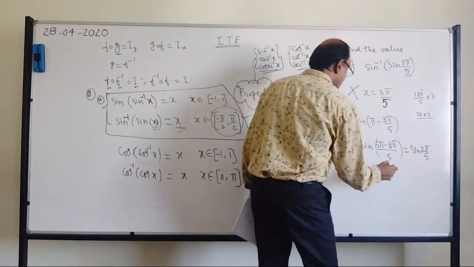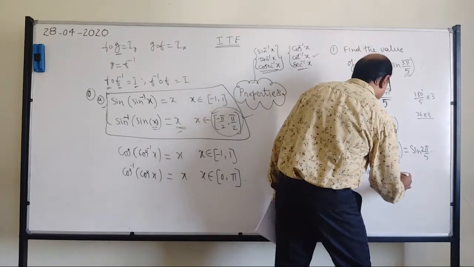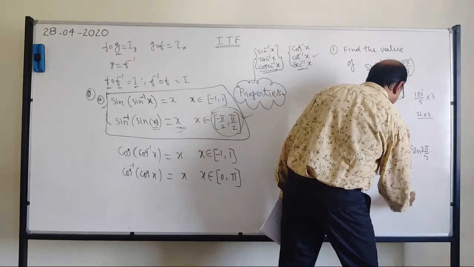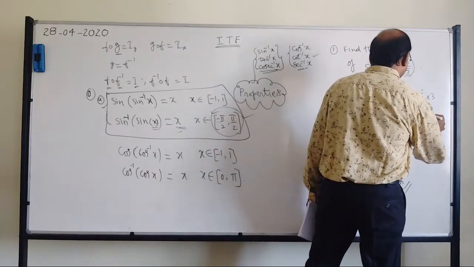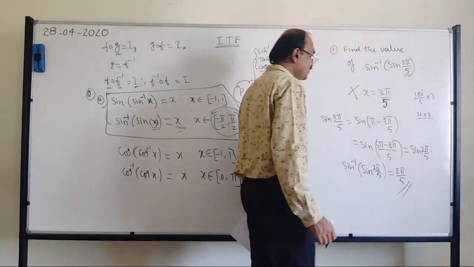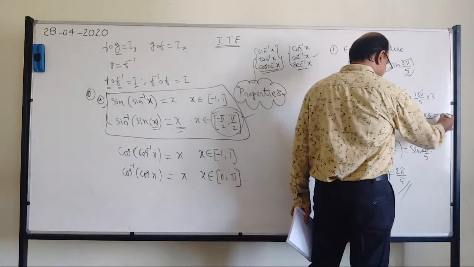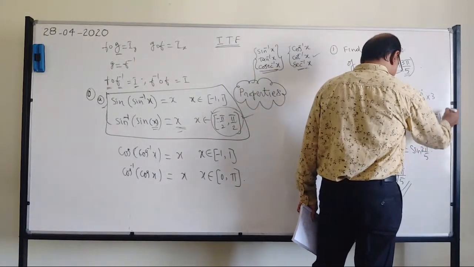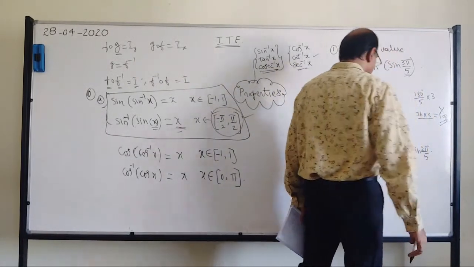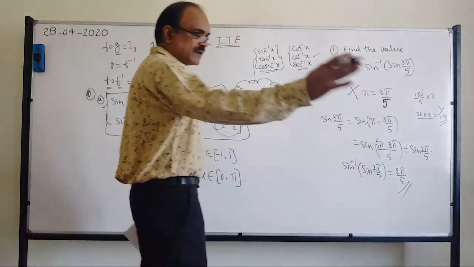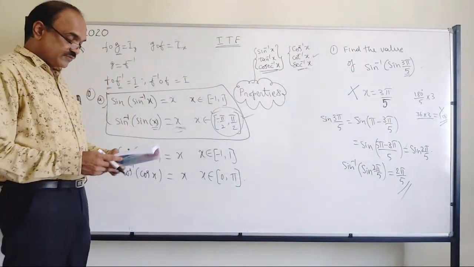Now you can apply the property. This 2 pi by 5 is less than 90 degrees, because pi by 5 is 36, and 36 into 2 is 72. The earlier value comes to 108, so that's why it is not valid. Now it is 72. People who gave the answer, please give a big round of applause for yourselves.